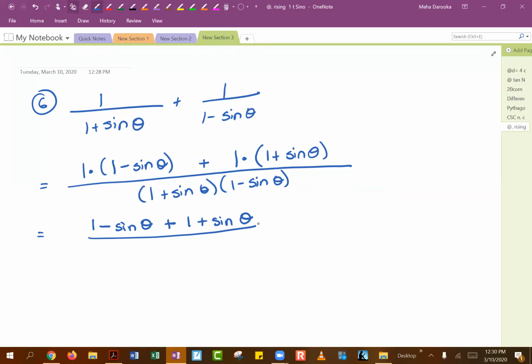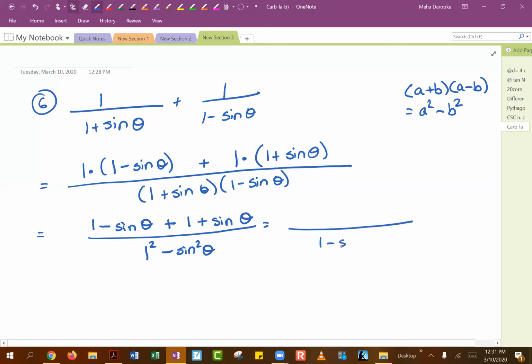Very good. You're actually reversing the difference of squares process, because now what you have is a plus b times a minus b, since we have the same terms just with a plus and a minus sign. So when you FOIL this, your middle terms cancel out, leaving you with just the first term squared minus the second term squared. We can apply that here. This will become 1 squared minus sine squared theta, which is just 1 minus sine squared theta.